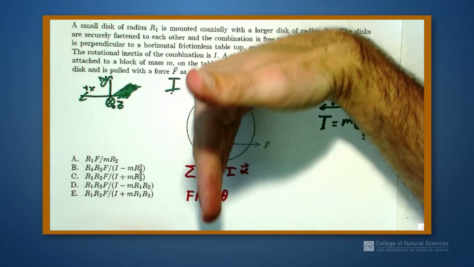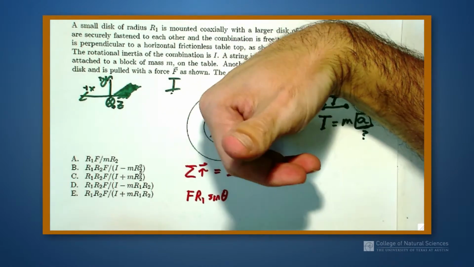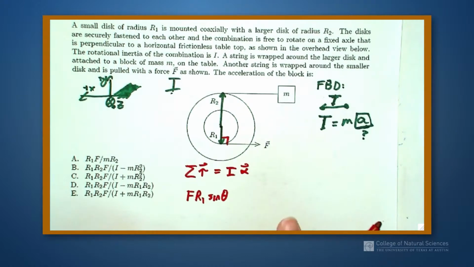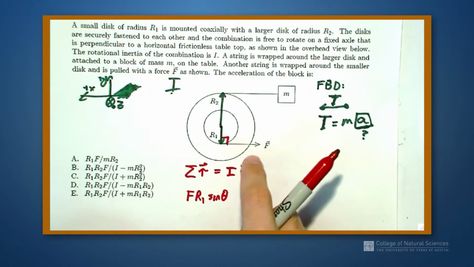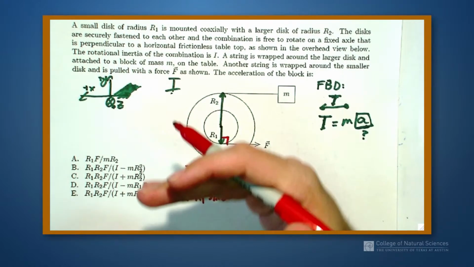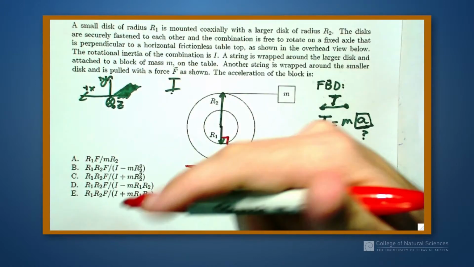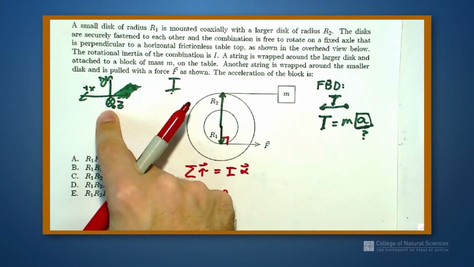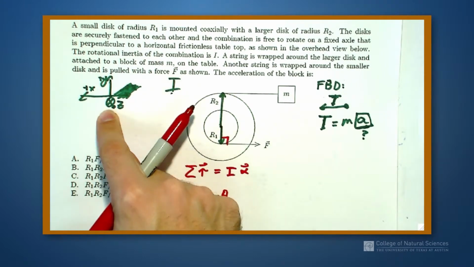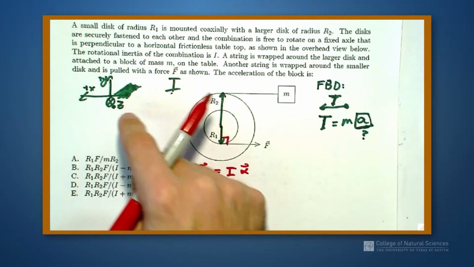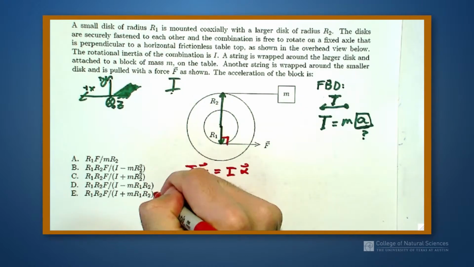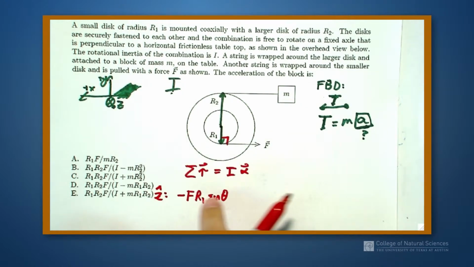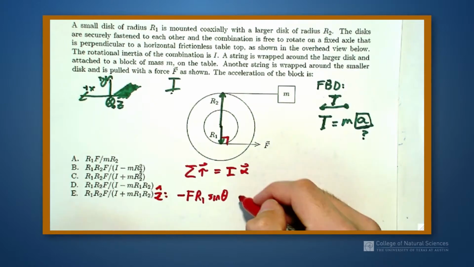R points straight down, F points over, I close my fingers towards F, and R crossed into F gives a torque out of the page. That's going to be a negative value because it's in the opposite direction of what I said was positive. Positive z is into the page, so this is in the negative z direction.